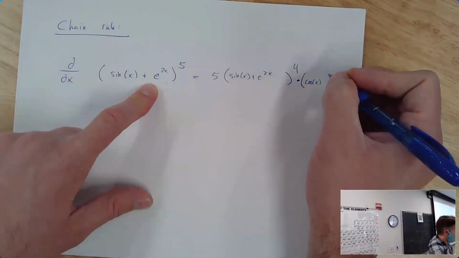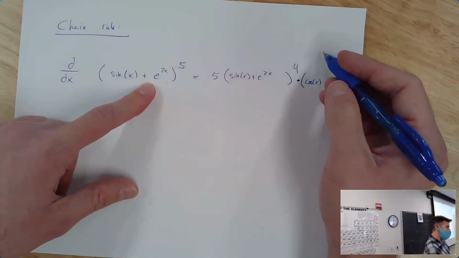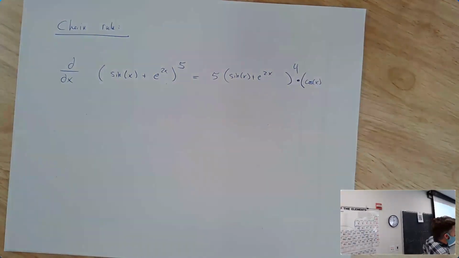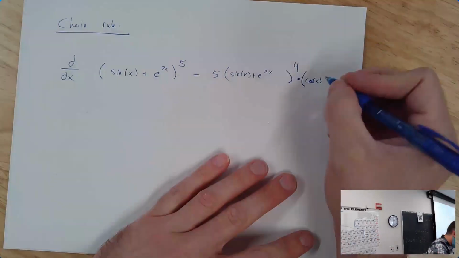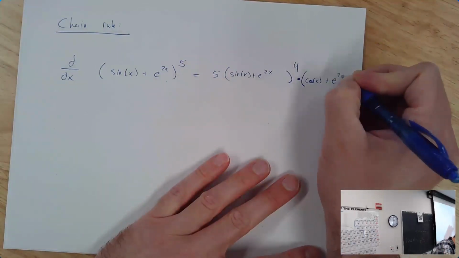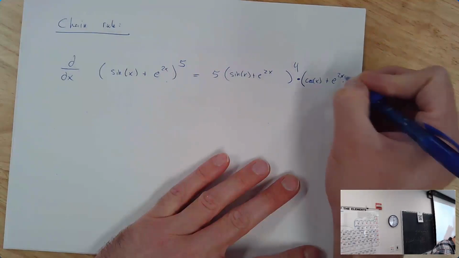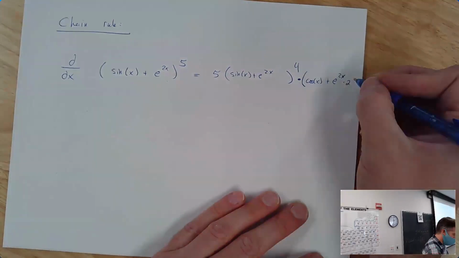The derivative of e to the 2x requires the chain rule again. What's the derivative of e to the x? E to the x. What's the derivative of e to the stuff? E to the stuff times the derivative of the stuff. It's always the thing we're looking for. So the derivative of e to the 2x is e to the 2x times 2.